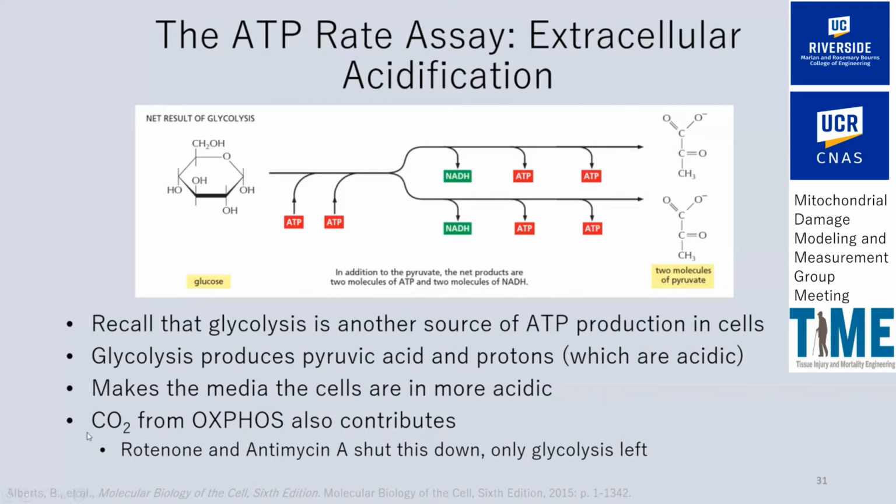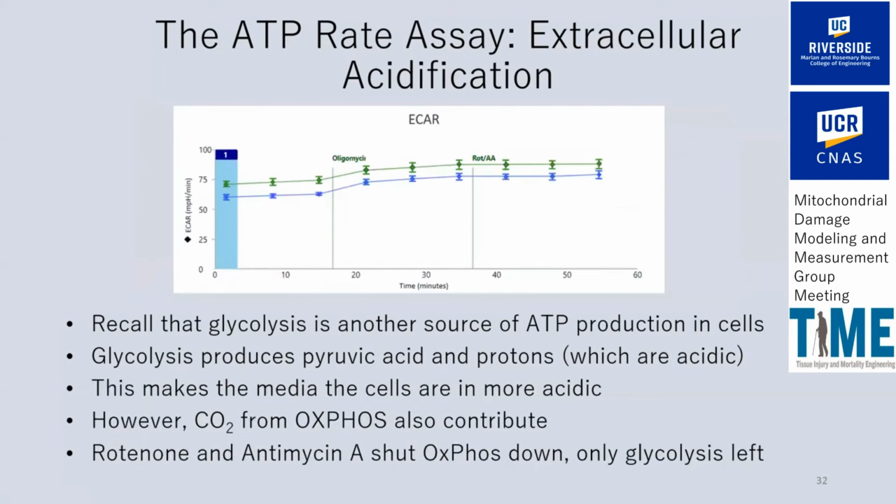However, carbon dioxide from oxidative phosphorylation also contributes to this. So by shutting this down, all that is left is glycolysis occurring. That's the only thing making the media more acidic. You measure the rate at which the media gets more acidic. You can infer the level of glycolysis.